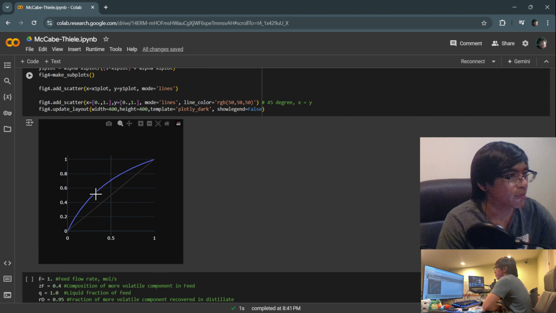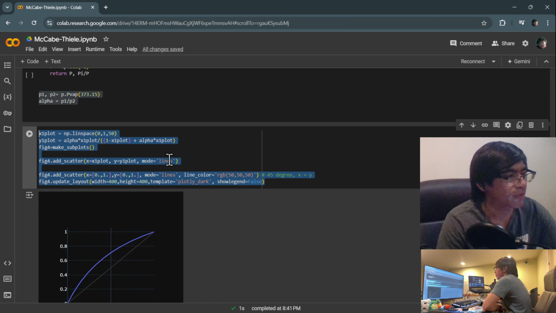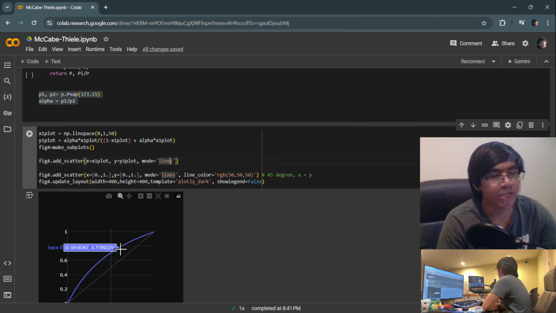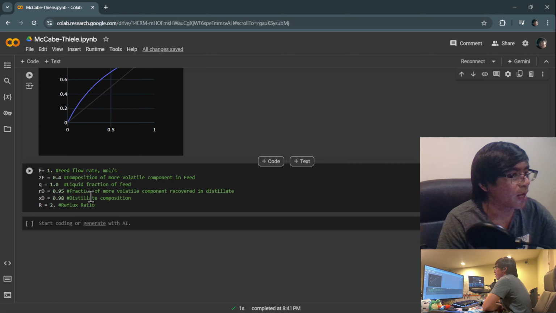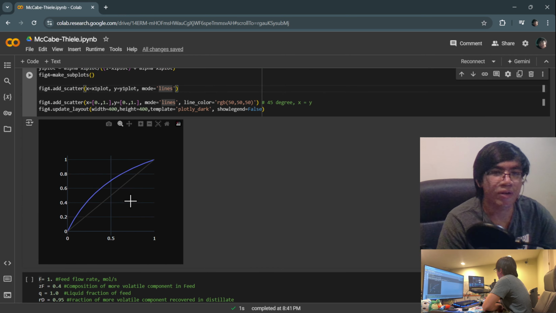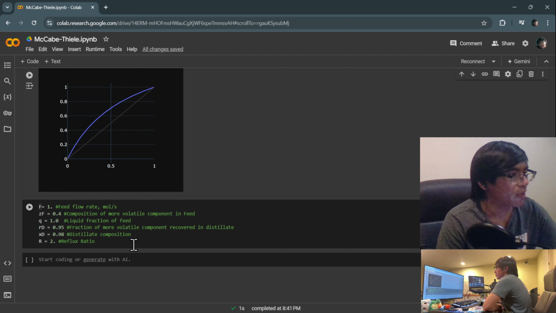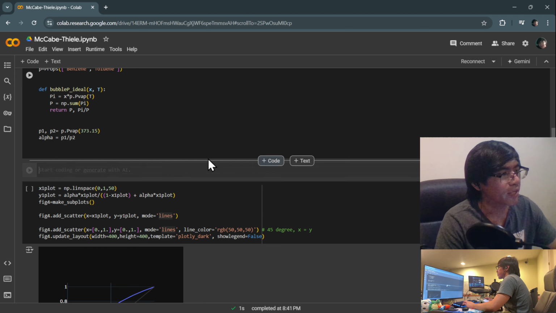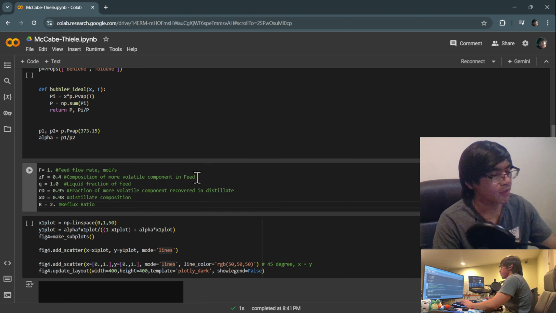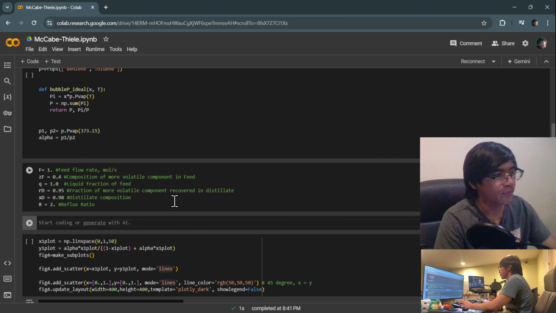So that's what this is coming from. And again, this graph is just the binary XY diagram. It's our Y1 versus our X1, and we favor the vapor phase more. And we're going to be graphing right here. So technically our initial variables should be right above. Again, these variables are something we'll need in the future as well.